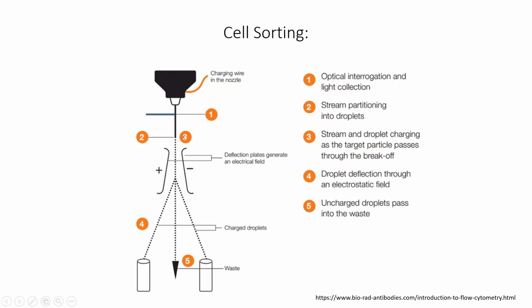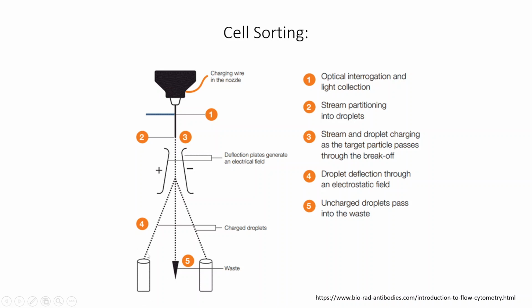And suppose I want cells that are big and expressing a different protein. Say these were expressing GFP, the other expressing some red fluorescent protein. I want them to deflect over here. And this is waste. So everything else that is either small or not expressing either of my fluorescent proteins, I will throw away. So they will go into the waste.